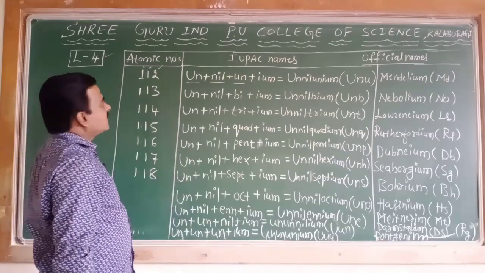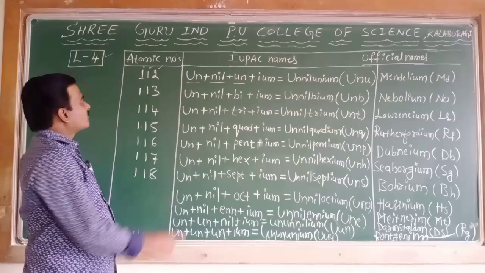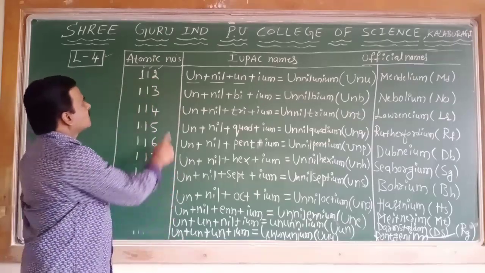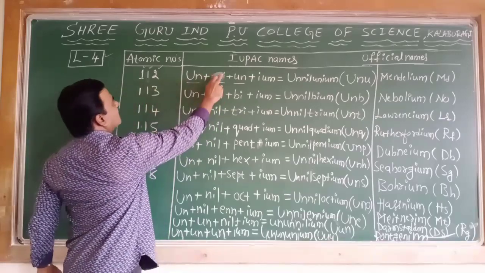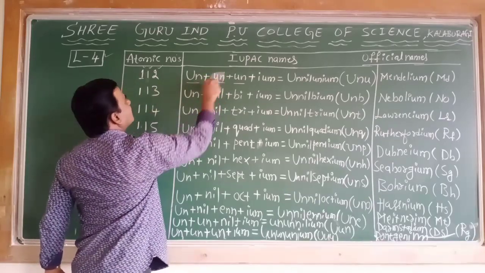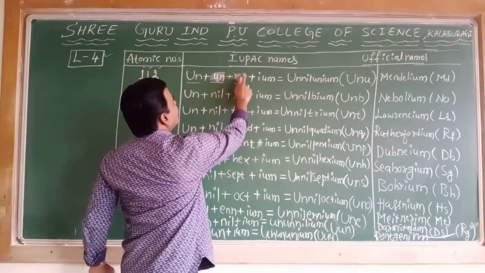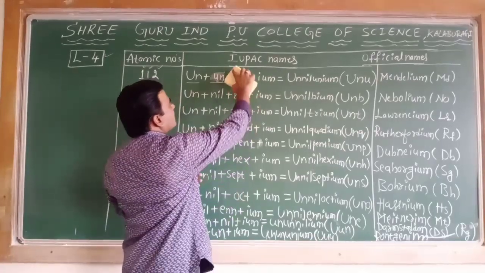So what is the IUPAC name for the element 112? It is un; here also the second digit is 1, so un. 2 means bi.